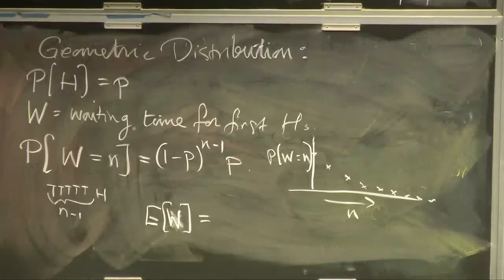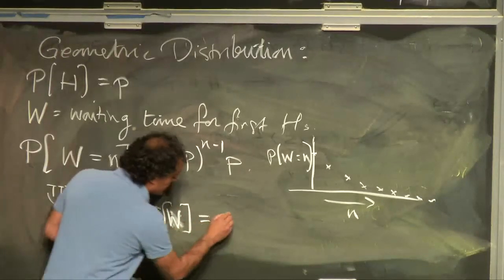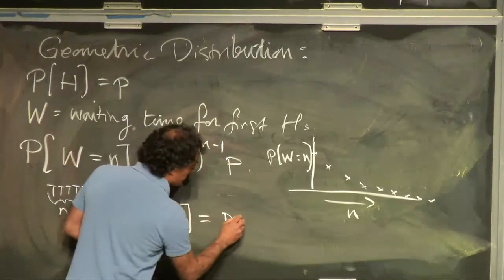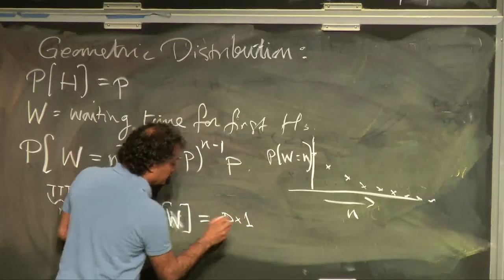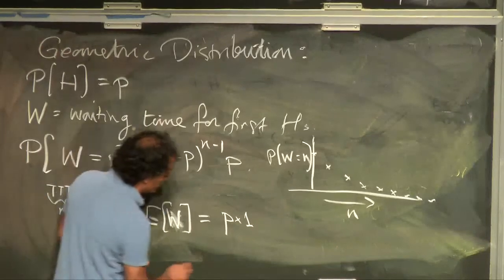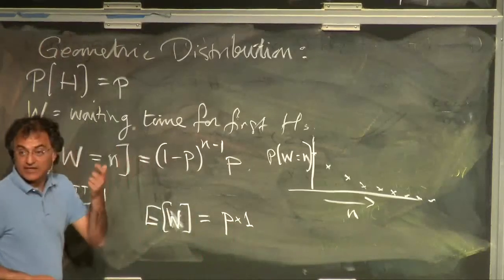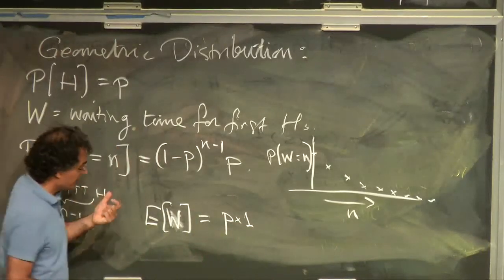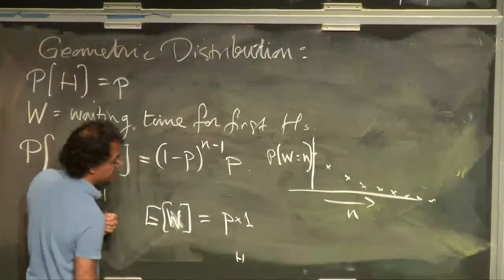And he said, well, with probability p, it's 1, because you get heads right away. So this is the probability you get heads.